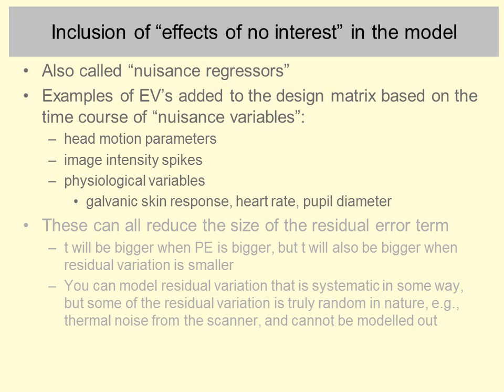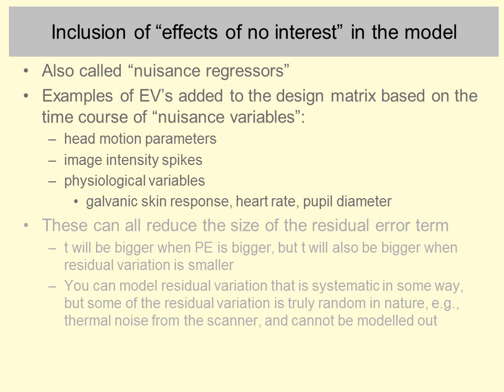Another one is image intensity spikes, which I mentioned earlier, where you've got particular images with really strange effects because of rapid small motions of the head, for example, or scanner artifacts. Then there are physiological variables you can measure as a time course at the same time as your experiment is taking place in the scanner. So you can measure the galvanic skin response, the heart rate, and the pupil diameter, to give some examples.